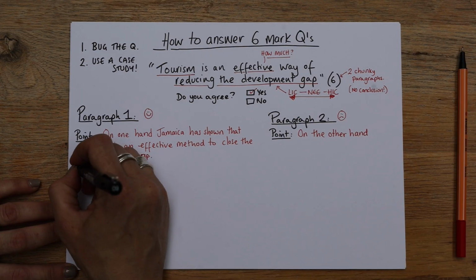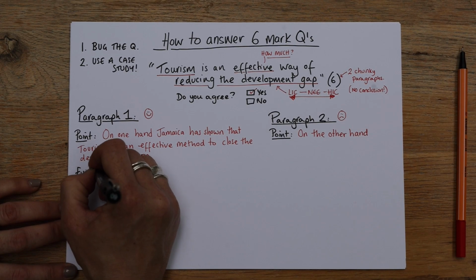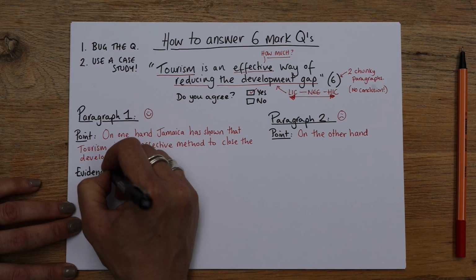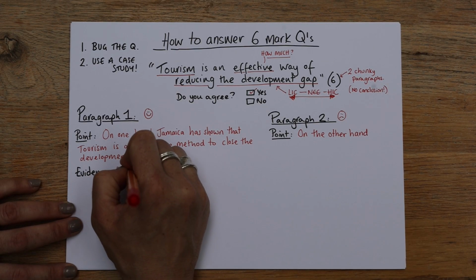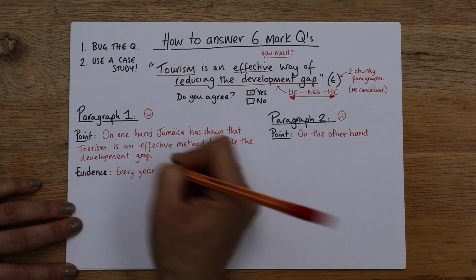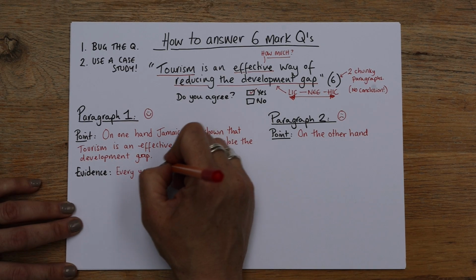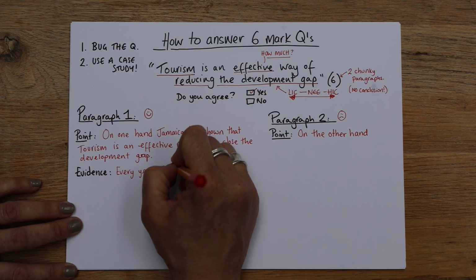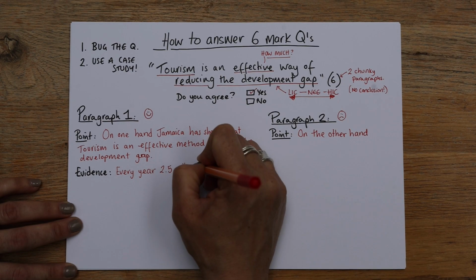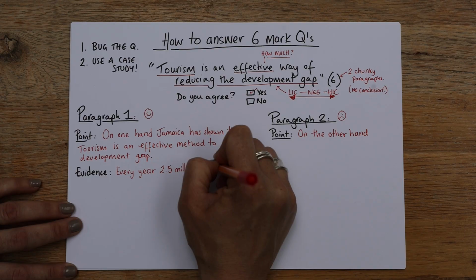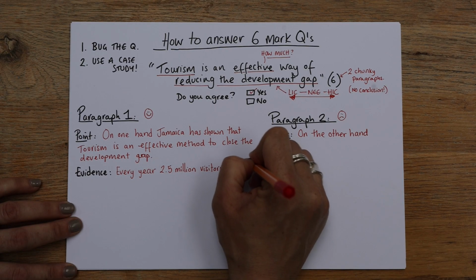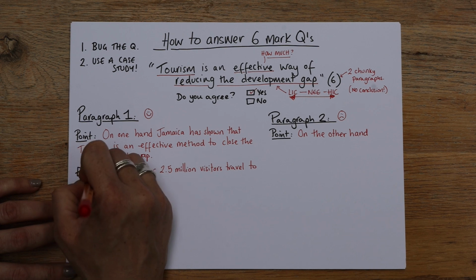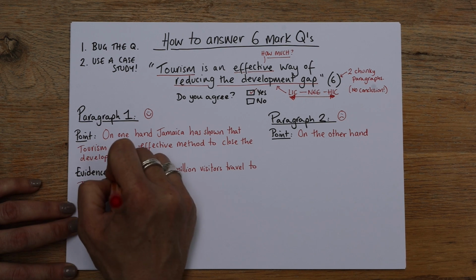Okay, then we're going to go in with our evidence. I know we've said Jamaica, but we haven't given any evidence. So we want to say every year, and again, this is from my other video on Jamaica, 2.5 million visitors travel to Jamaica by plane.